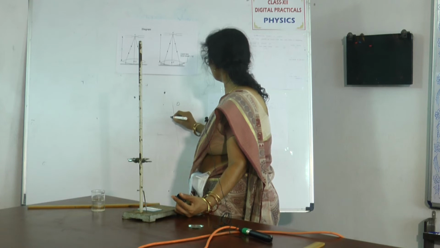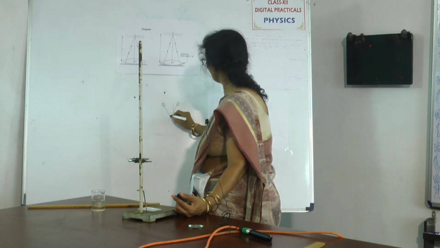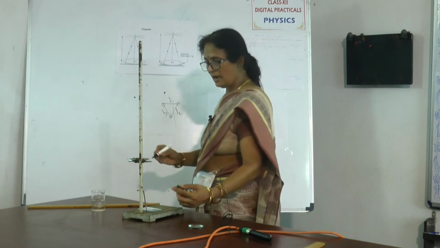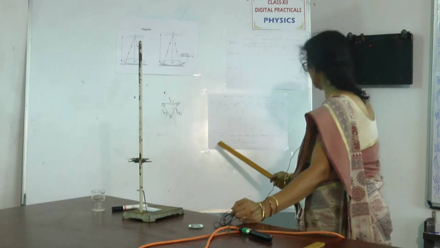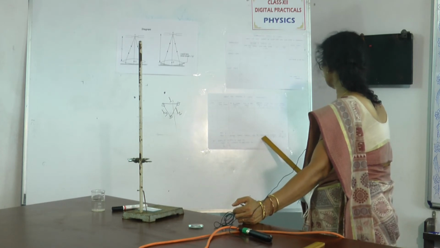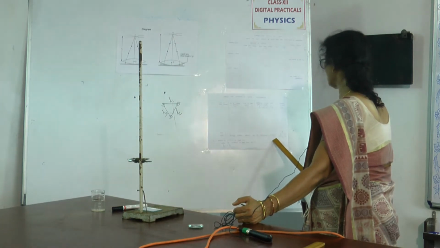Encircle those 3 points and join them with the help of a scale. This distance let it be L1, this L2, this L3. And find the average. L, the average distance between the legs of the spherometer, is L1 plus L2 plus L3 divided by 3.